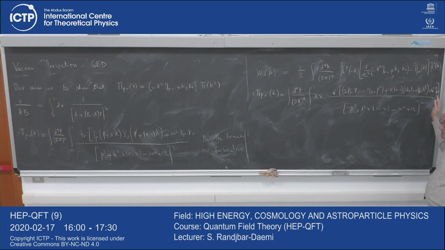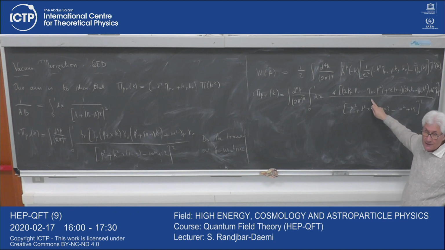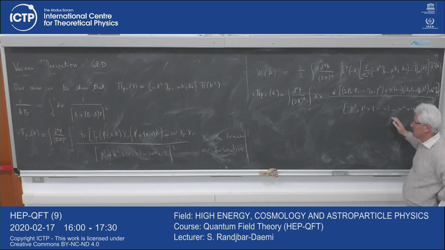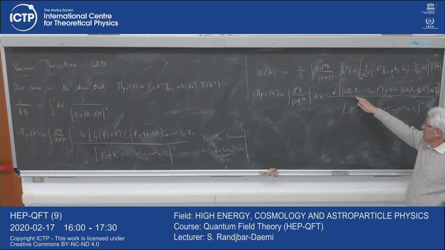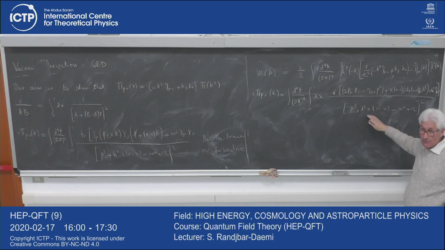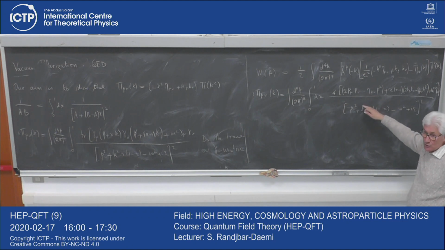The part independent of p is just 1 divided by this denominator times these terms, which is the one for the real scalar field. The ones dependent on p give you a different integral, the ones that you have not seen before. Because what you have seen before is just 1 divided by this expression. Now we have a quadratic function of p divided by that expression. But this is easy to bring to the form that we had before.